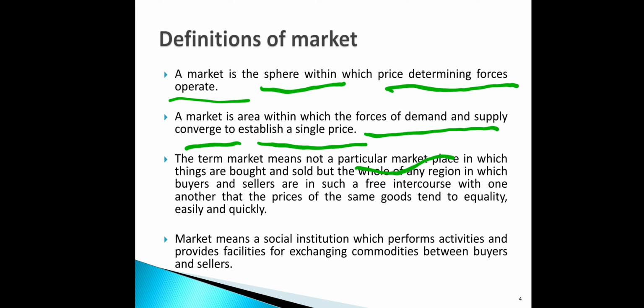There is no place where buyers and sellers come together to buy and sell the product. But we can say it is a platform in which buyers and sellers interact. So the first definition will suit internet marketing, because that is a sphere within which buyers and sellers operate, and they determine the prices, and the selling of the product takes place.